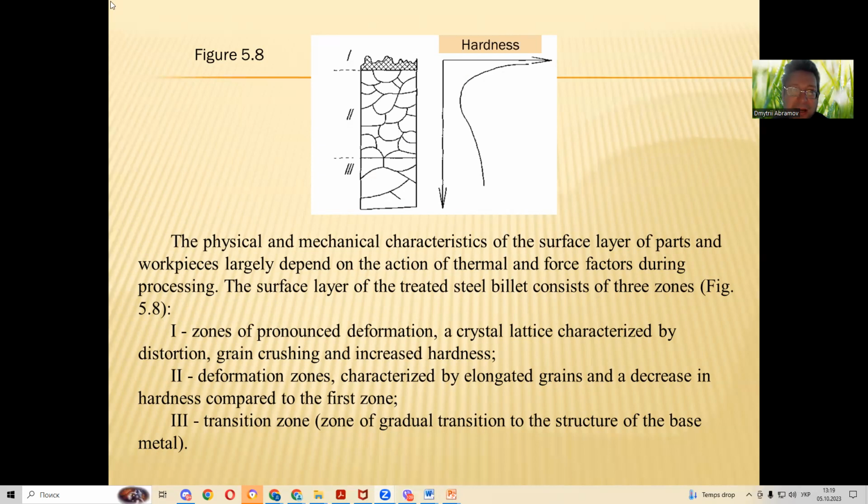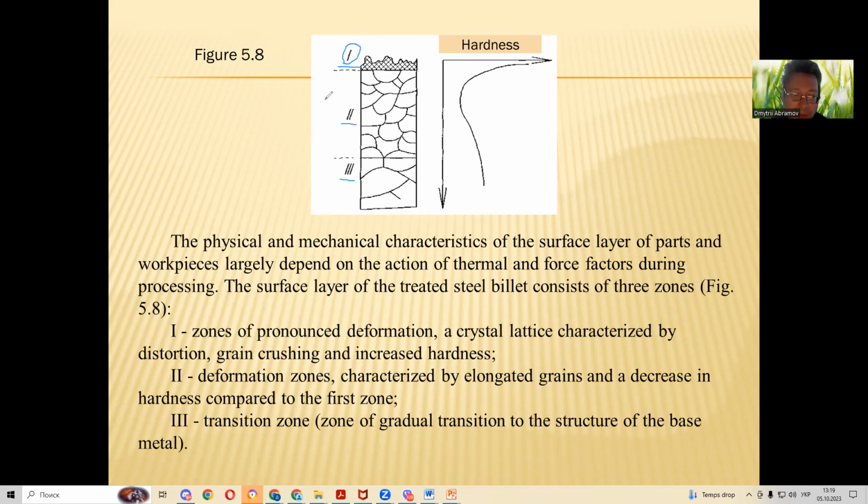In figure 5.8, you can see the first zone, second zone, and third zone. First zone, zone of pronounced deformation, a crystal lattice characterized by distortion, grain crushing, and increased hardness. It's the first zone.